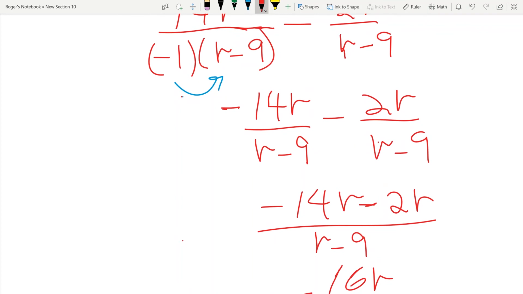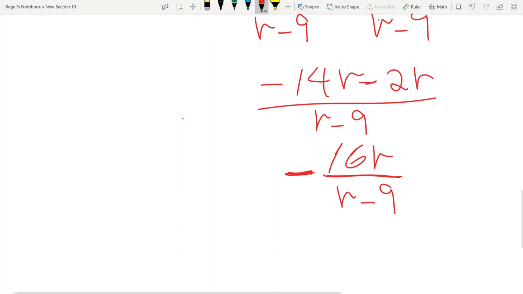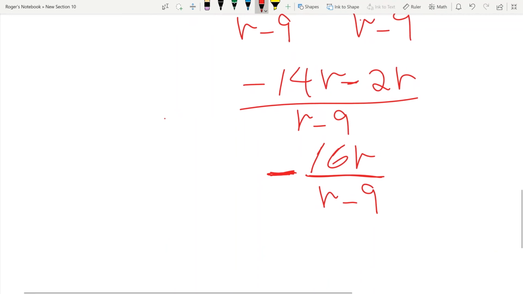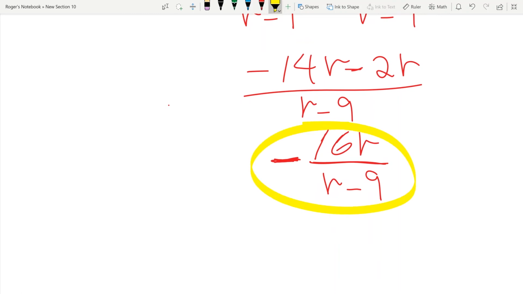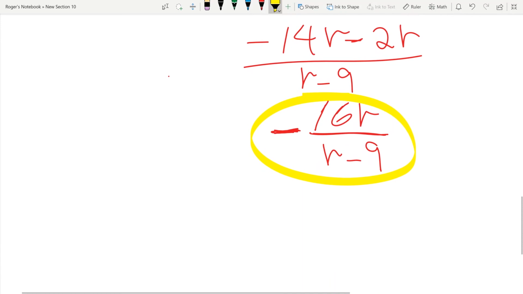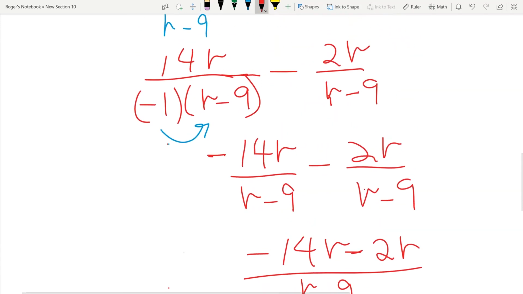Now we could have done it differently. We could have had, instead of r minus 9, we could have had 9 minus r. So what would happen, just for sake of discussion, to me this is a fine answer, nothing wrong with it. But what would happen if, instead of flipping this one right here, I had flipped this other one around and made it 9 minus r?